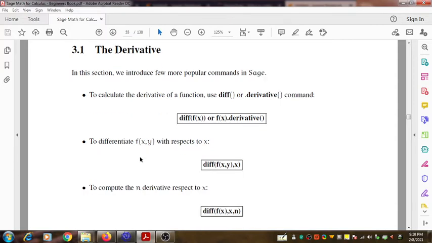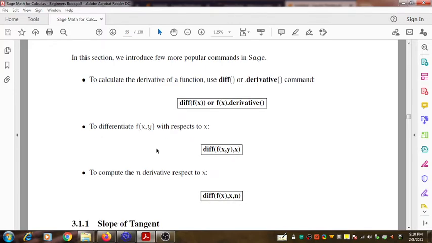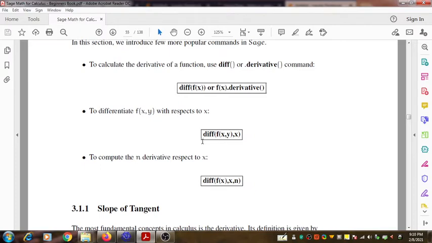Now to differentiate the function f(x, y) with respect to x, using the diff command, it can be written as diff, and then inside the brackets the given function f(x, y), and a comma, and you give x to specify that the differentiation must be done with respect to x.